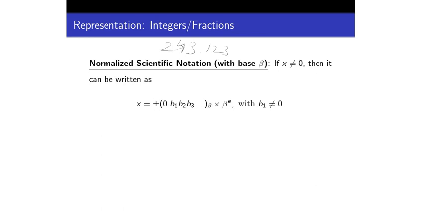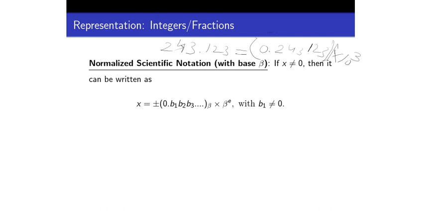We are not writing it with the base explicitly. We can always write it in this normalized scientific notation form by writing 0.243123 times 10 to the power 3.